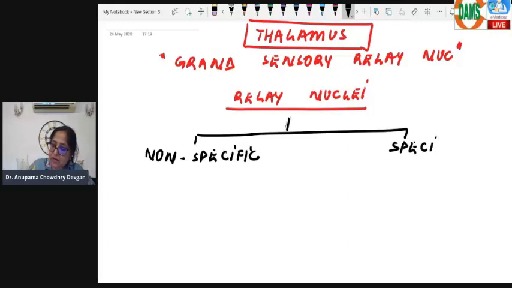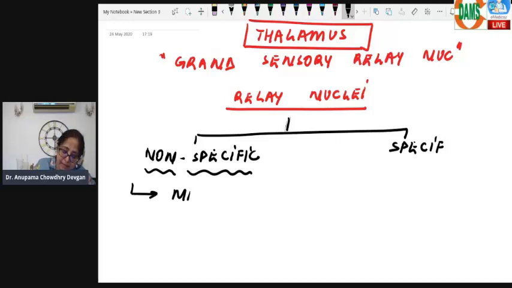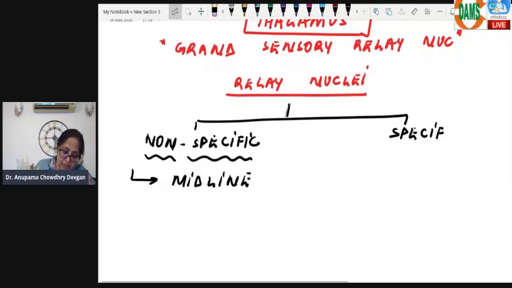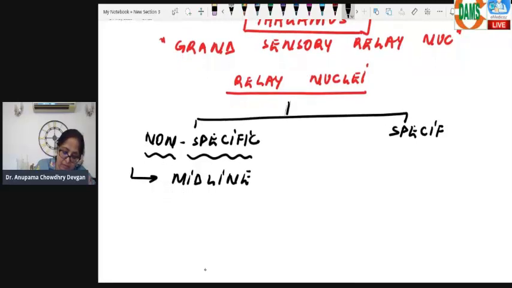Right? Non-specific and specific. Which are the non-specific thalamic relay nuclei? These are midline and intralaminar. Midline and intralaminar. Okay?